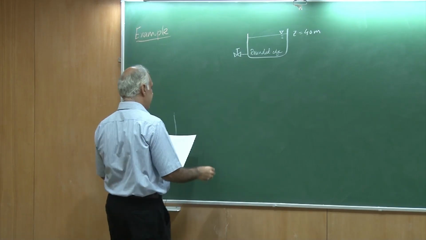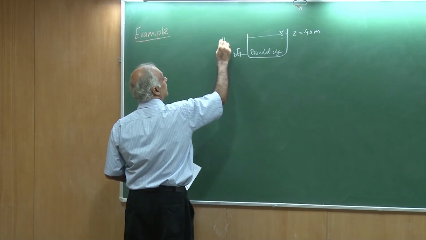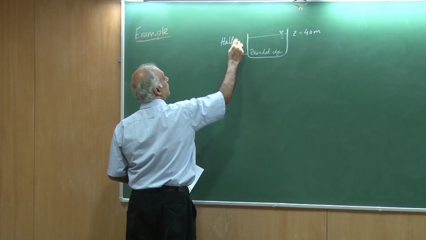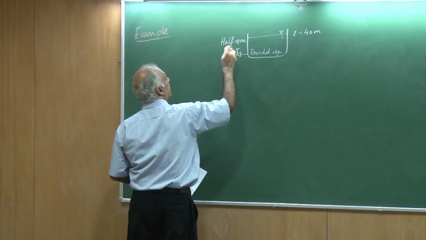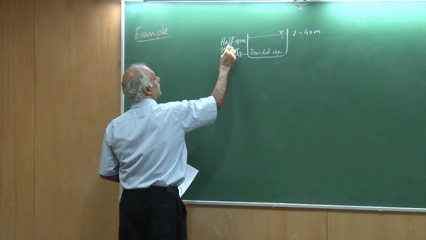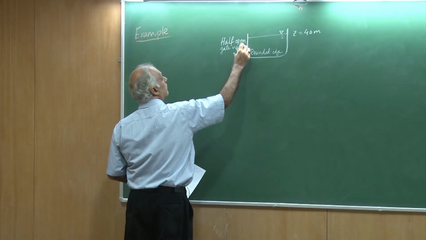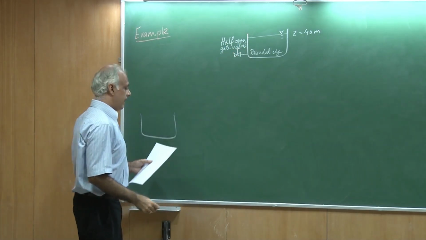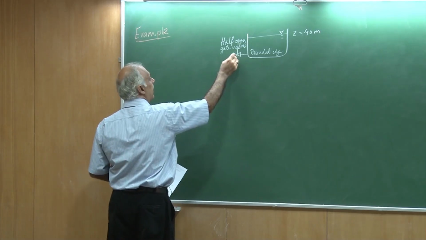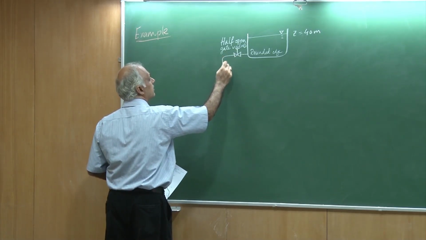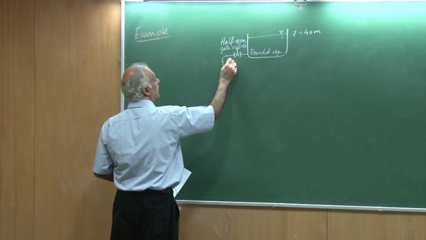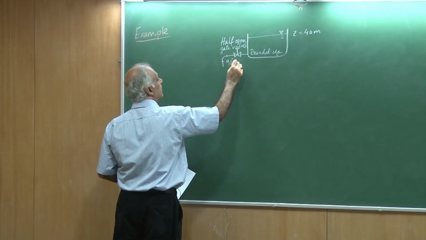So, this valve is a half open gate valve, and then it again goes through a pipe and an elbow. So, this one is a 90-degree elbow.